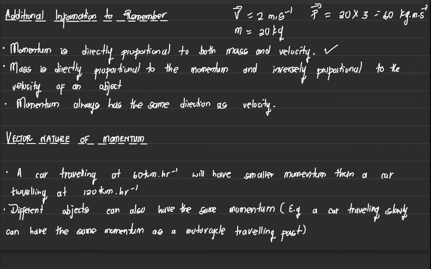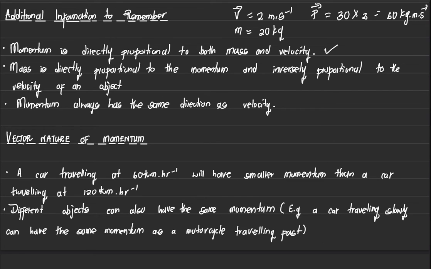And also, if for example you leave your velocity as it was, and what you do is increase your mass and make it 30, then 30 multiplied by 2 is going to be 60. So our momentum has increased, so it's going to be 60 kilograms meters per second.